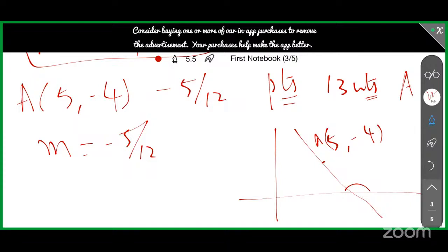The student says -5 and 12 are the coefficients of x and y in an equation, and for the slope of a line we use -A/B.